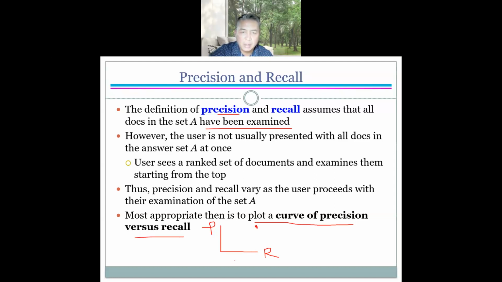So if your recall is 100%, you want your precision to be 100%, so you want a graph something like this. But in reality, your graph may go like this or something like this. The maximum one is this one. Okay, so how do we plot this? We will look at the example here.